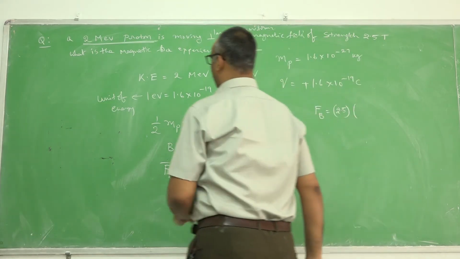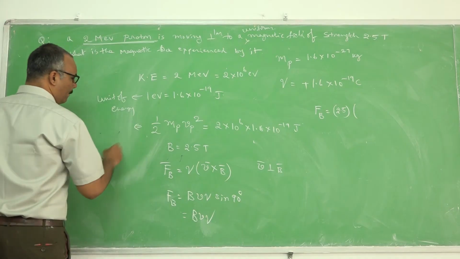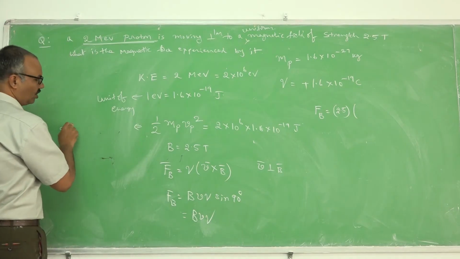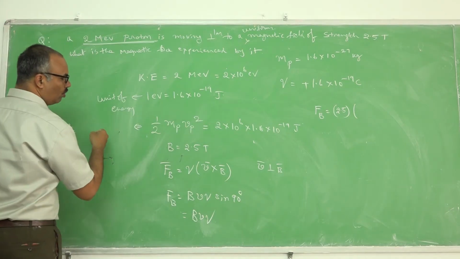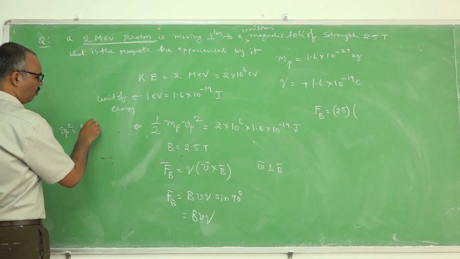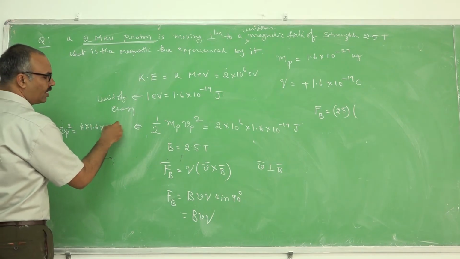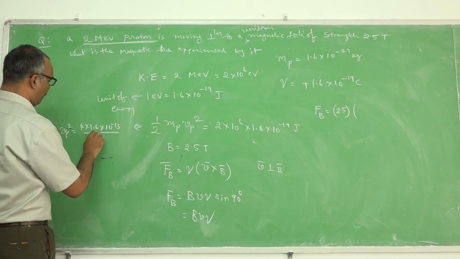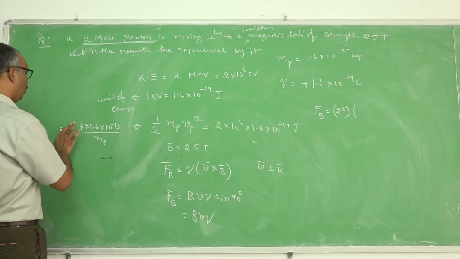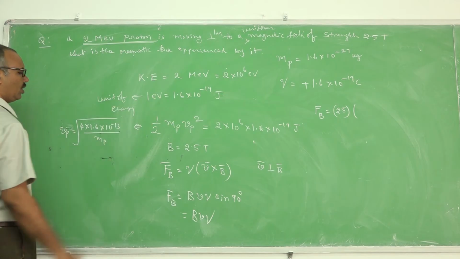So if you take this, velocity of proton square is equal to 2 2s are 4, 4 into 1.6 into 10 power minus 13 by mass of proton. If you remove the square here, you will get a root here.